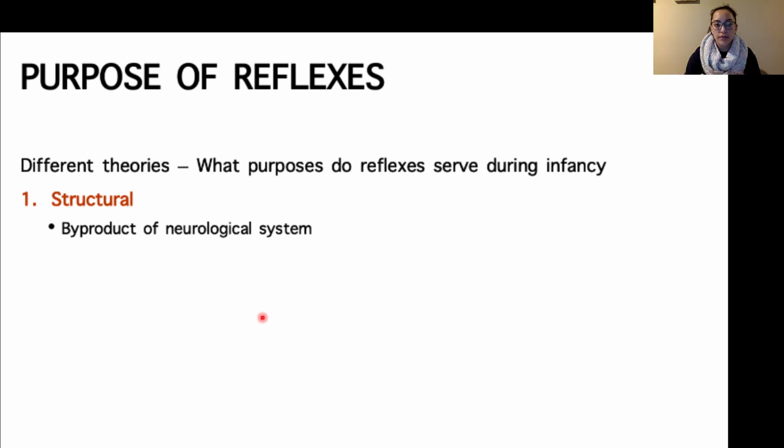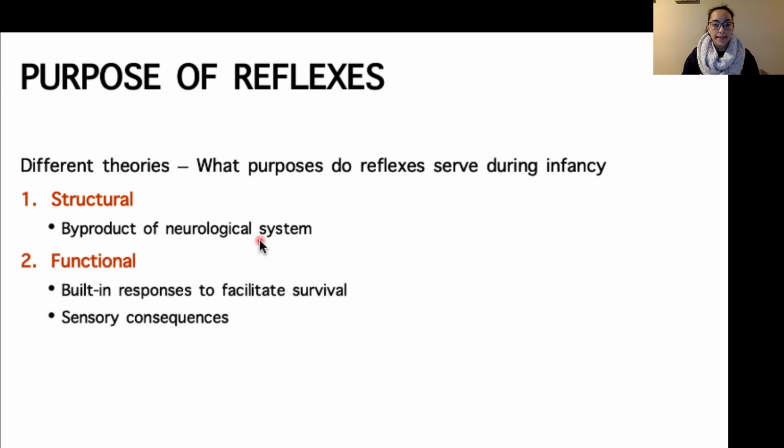Researchers have kind of condensed how they might explain the roles of reflexes in 3 general ways. So the structural explanation views reflexes as a byproduct of the neurological system. In other words, reflexes reflect the structure or the hardwiring of the nervous system, so that's kind of more aligned with the maturational perspective, that you have the appearance and disappearance of reflexes as the nervous system develops.